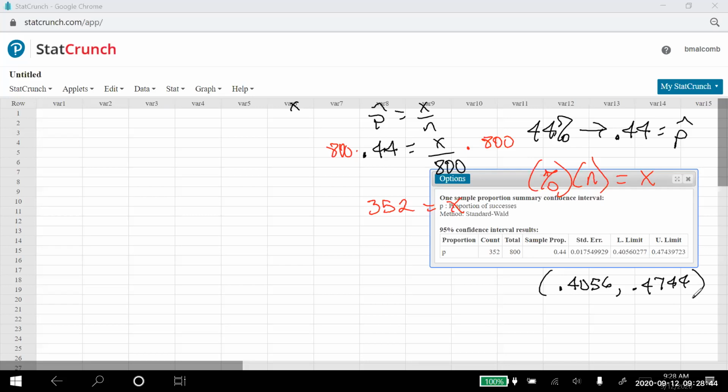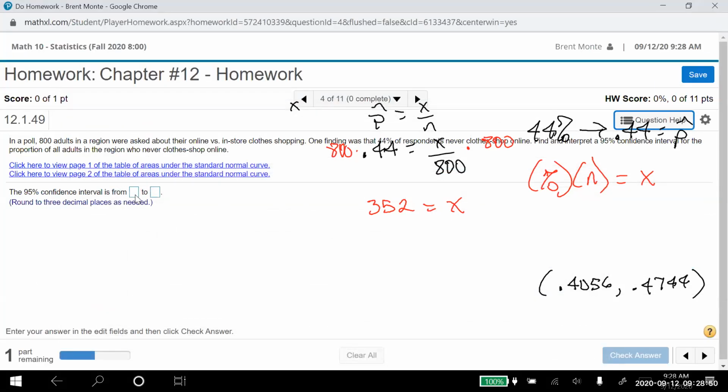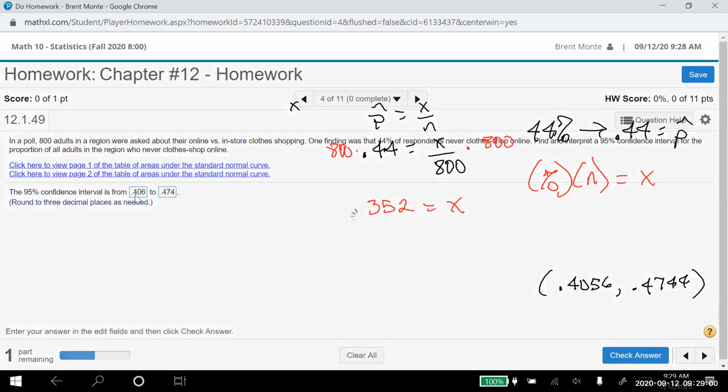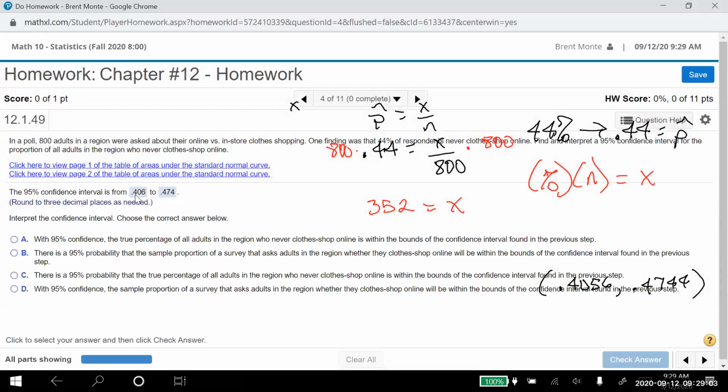Well, there's my confidence interval. Let's go back and put that in. Pretty sure it said 3 decimal places, which it did. So let's round that off, 0.406 to 0.474. All right, pretty quick, pretty easy.